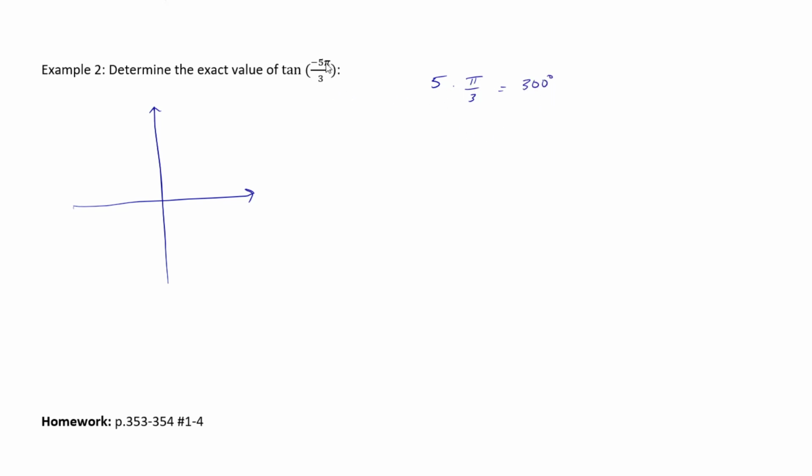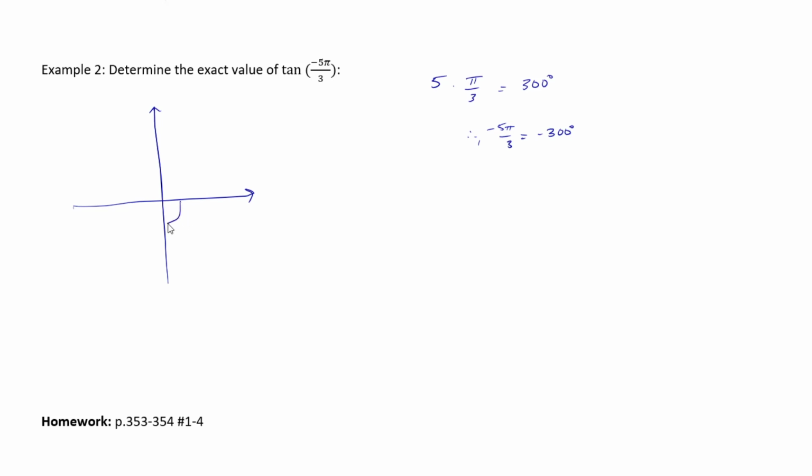So 5 pi over 3 is equal to 300 degrees, therefore negative 5 pi over 3 is equal to negative 300 degrees. So that means my rotation is going to go clockwise from the positive x-axis 300 degrees.